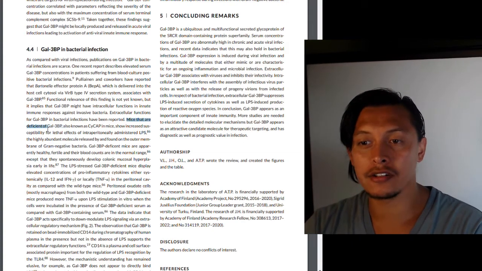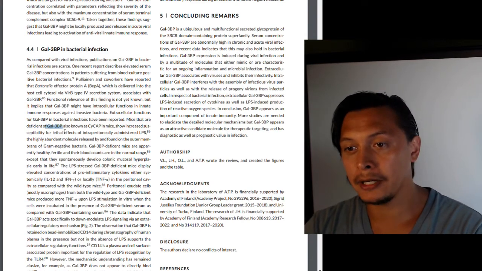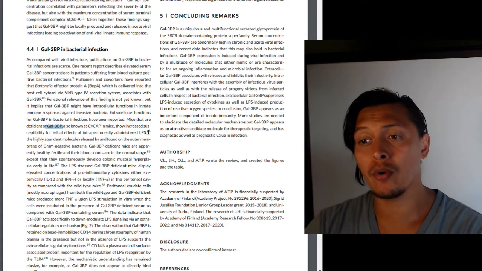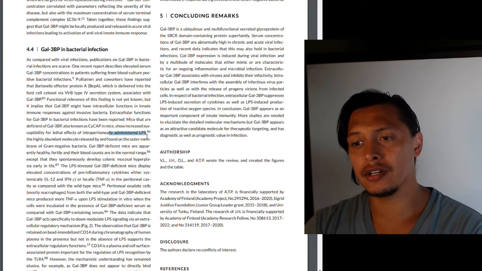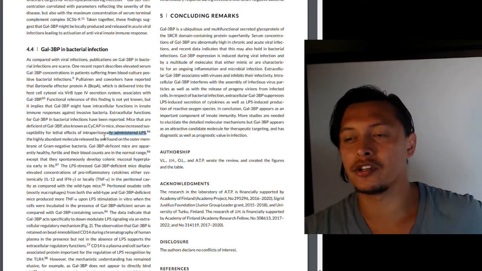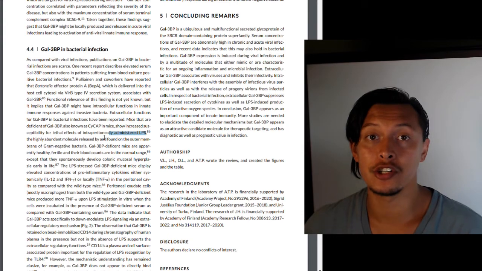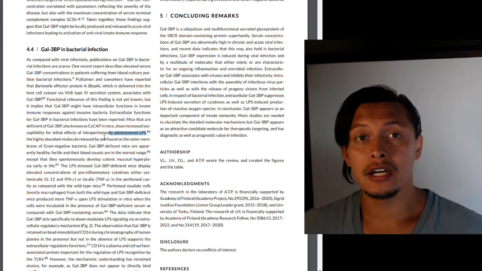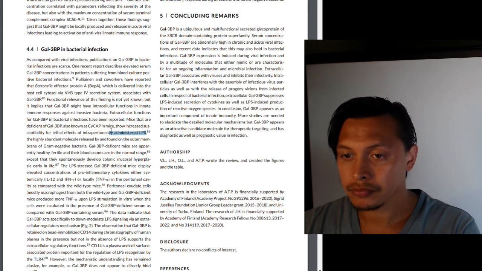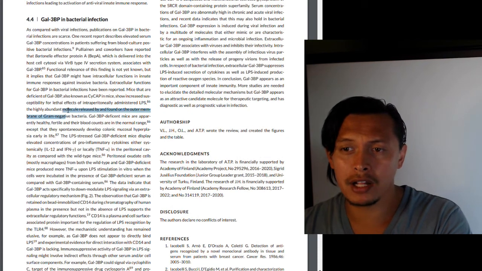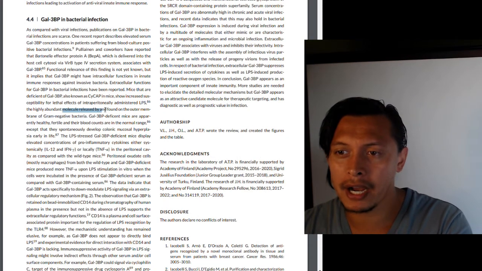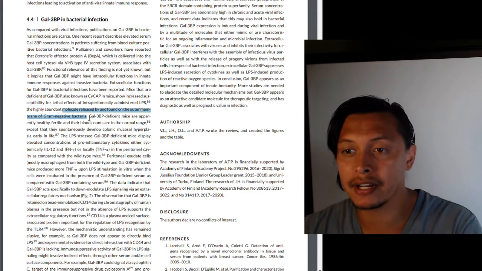So mice that are deficient of Gal3BP are even more susceptible to this intraperitoneally administered LPS, and that would be an injection basically into the internal organ area. It is a highly abundant molecule released by and found on the outer membrane of gram-negative bacteria.